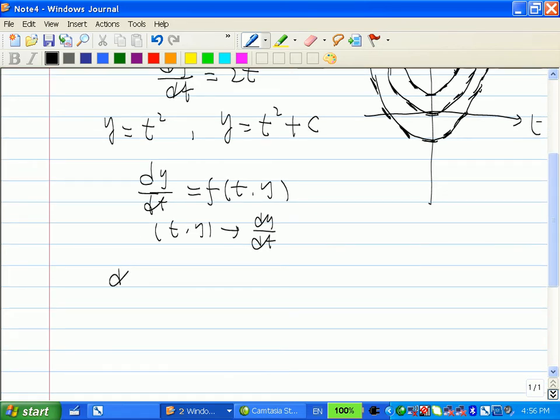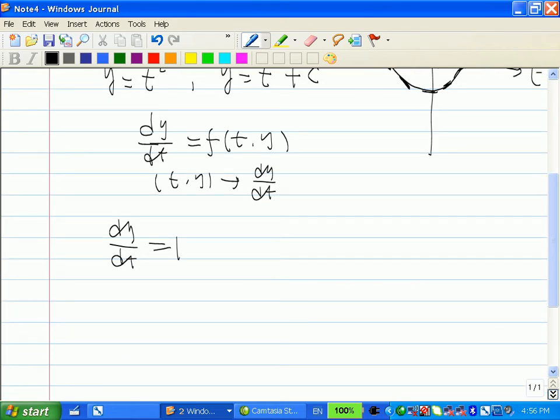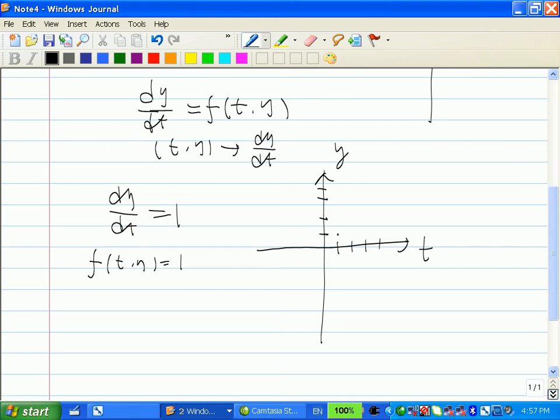Now let's look at an example. Say dy/dt = 1. Let's plot the direction field of this one. Here you have t, here you have y. Let's just have some numbers: 1, 2, 3, 4 and 1, 2, 3, 4. For this equation, you have f(t, y) = 1.